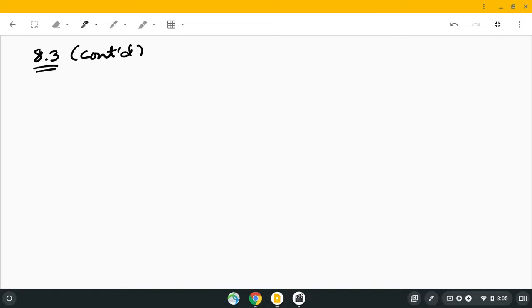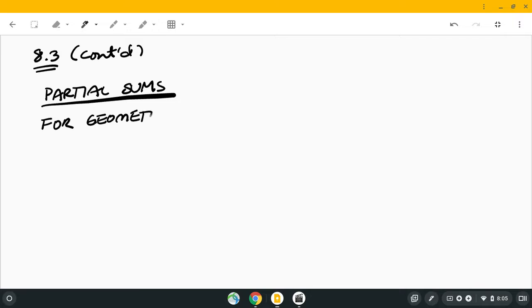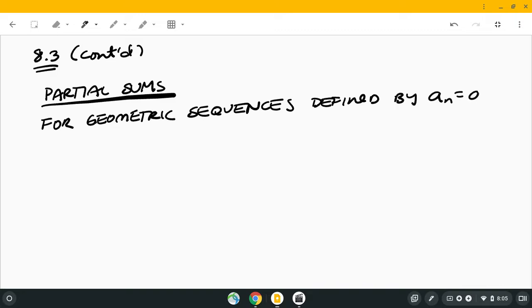Okay, so partial sums for geometric sequences defined by an equals a times r to the n minus 1.